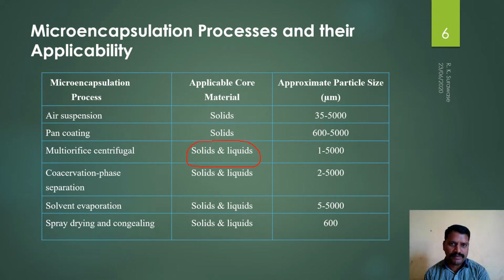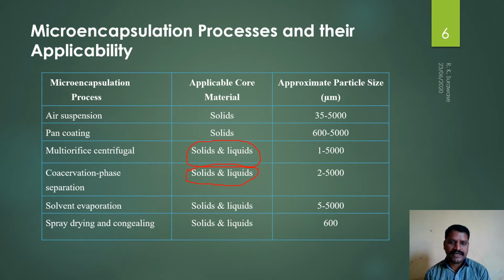It's a chemical method for microencapsulation, again applicable for solid and liquid core material. Means liquid core as well as solid core is suitable for the preparation of microencapsulation by this complex coacervation phase separation method, and the approximate particle size is 2 to 5000 micrometers.